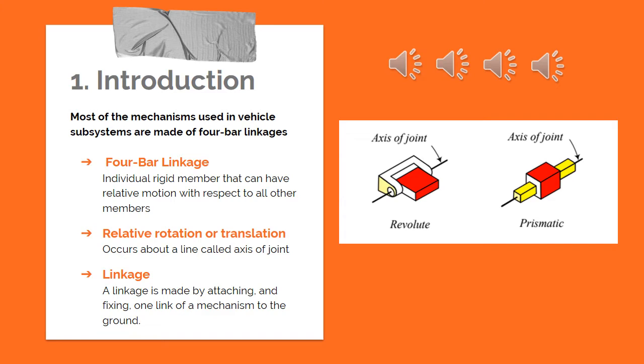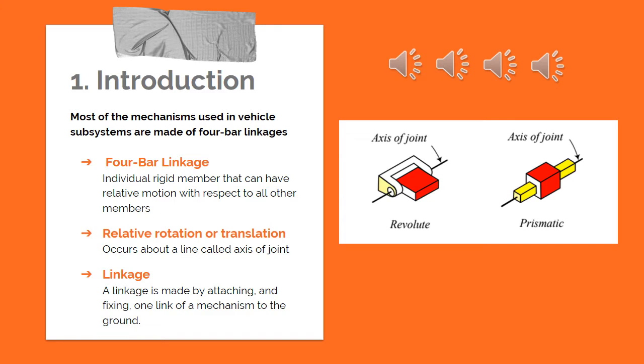An individual rigid member that can have relative motion with respect to all other members is called a link. A link may also be called a bar, body, arm, or member. Any two or more links connected together such that no relative motion can occur among them are considered a single link.